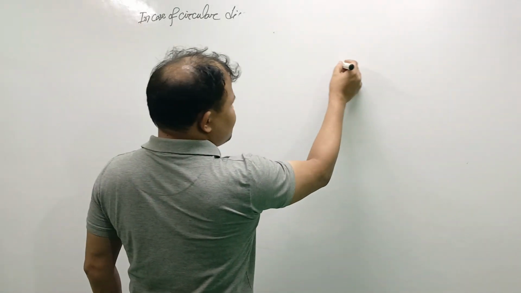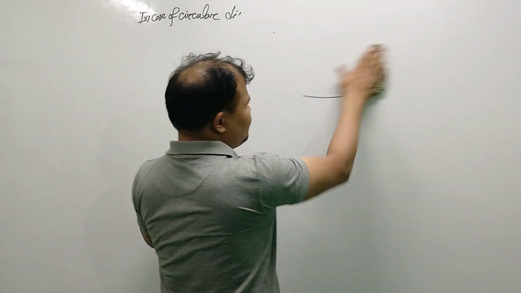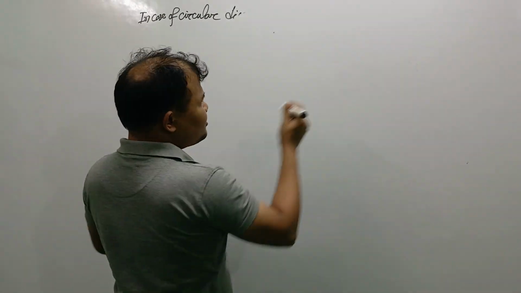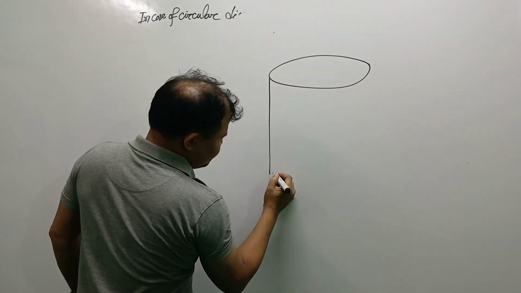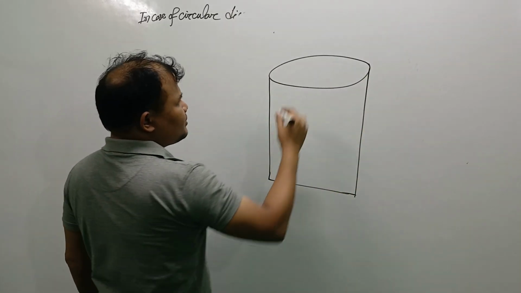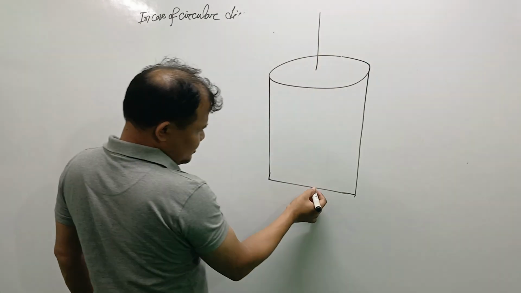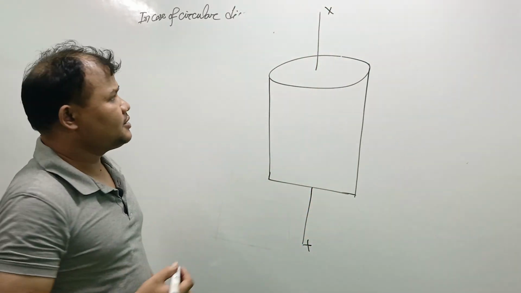Suppose this is a uniform solid cylinder. This is the solid cylinder, and this is the rotational axis, X prime is the rotational axis.